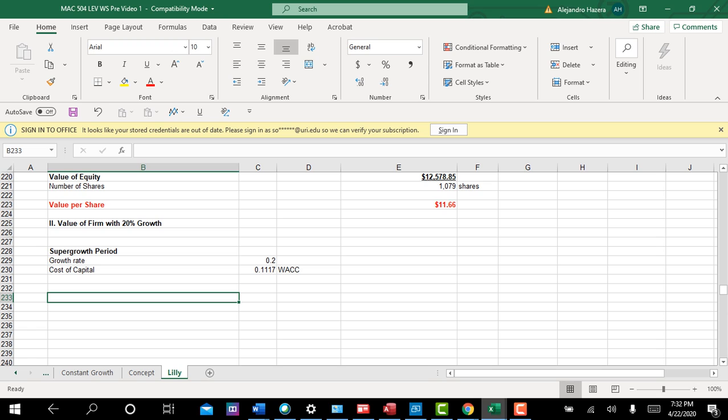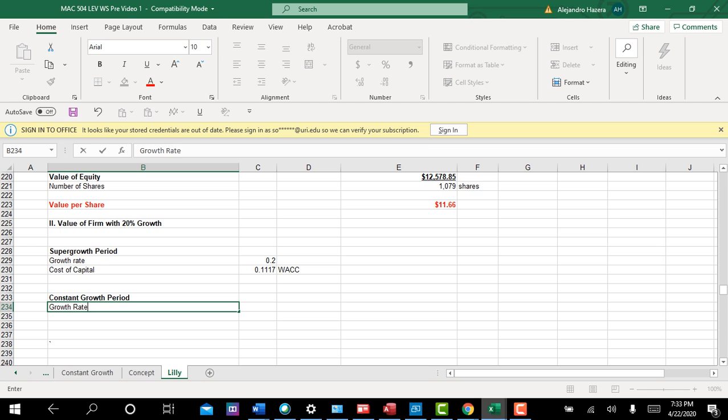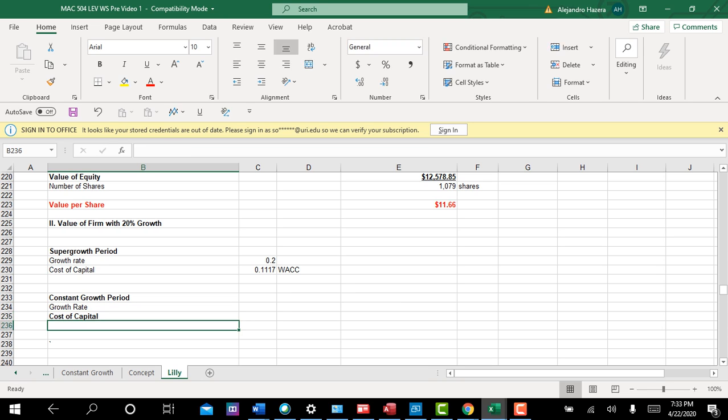Then we're going to have a constant growth period, with a growth rate and a cost of capital.